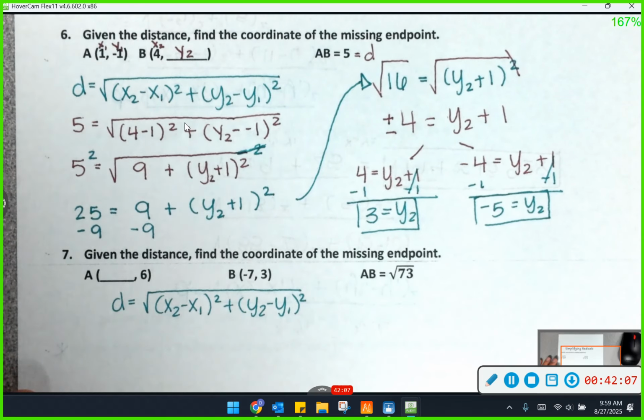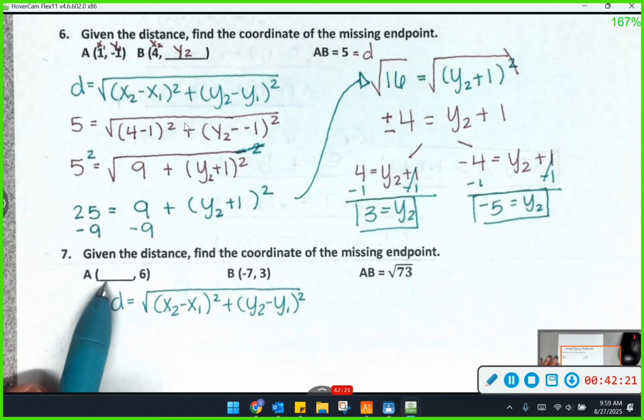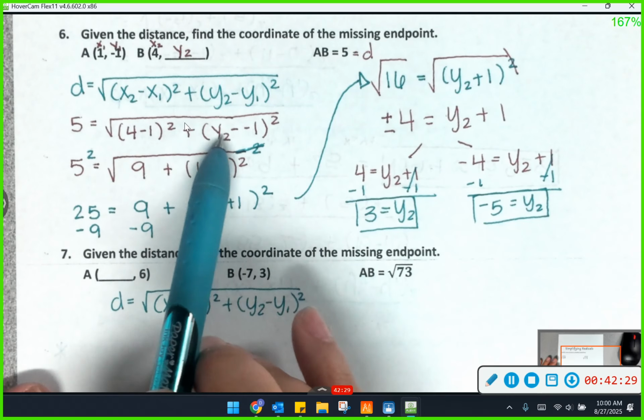All right, if you're waiting for me to start the next one, you can start it. Hey guys, real quick, a little hint. Look up real quick, everybody. It's always easier if you make the blank the second one, your X2 or Y2. Because you see how right here it ended up being right up front?